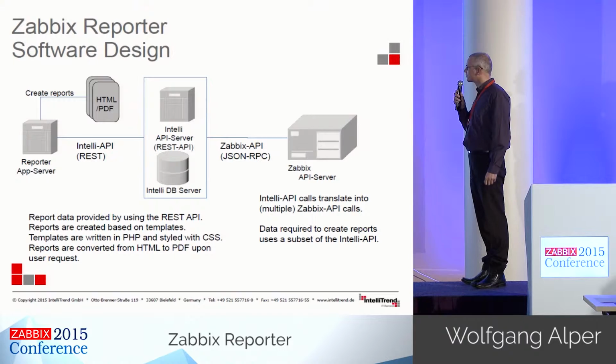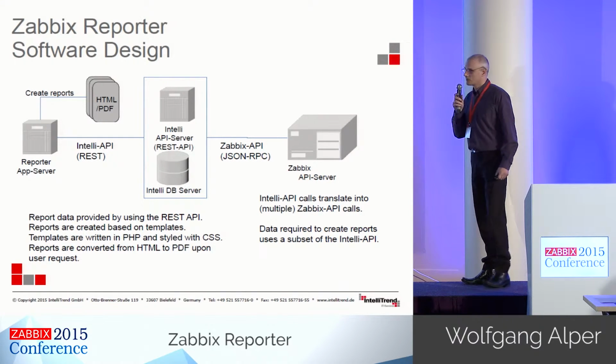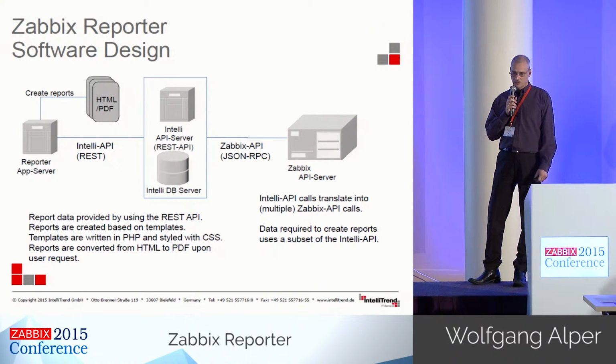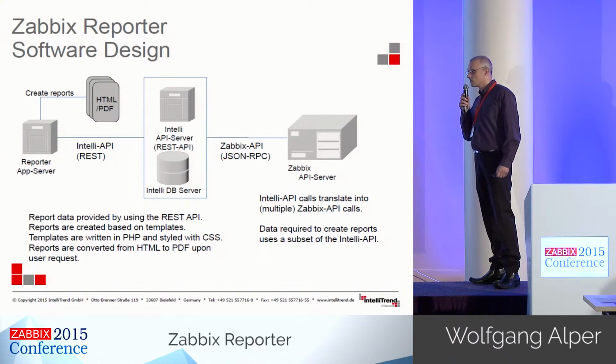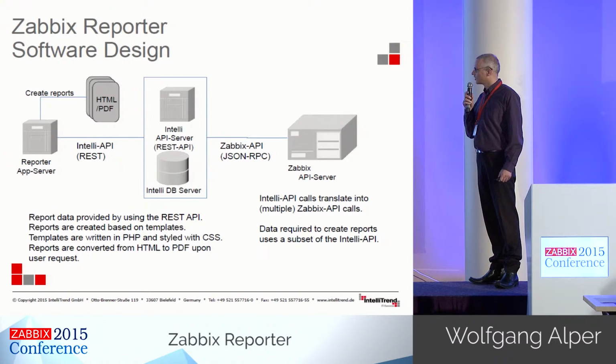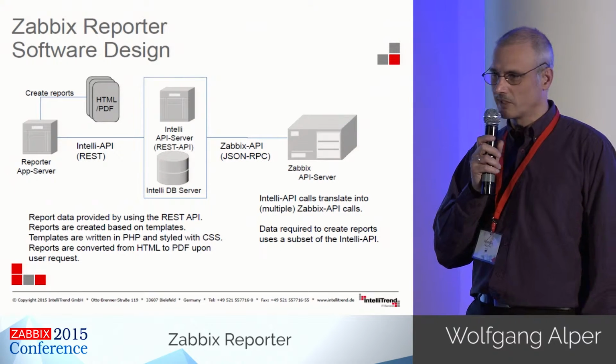What we see here is, as a central point, an API server. We are using an implementation that is running the REST protocol for historical reasons, and this API server talks to the Zabbix server, of course, using the Zabbix API.